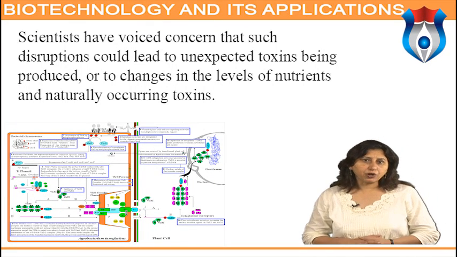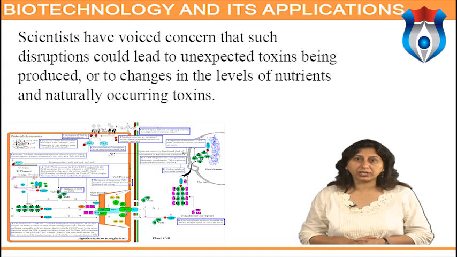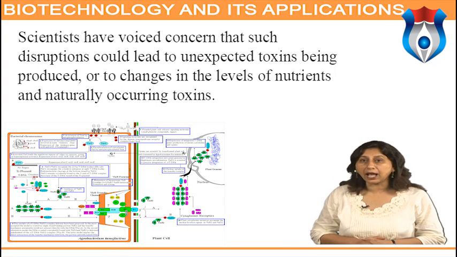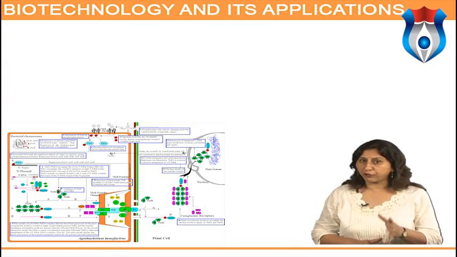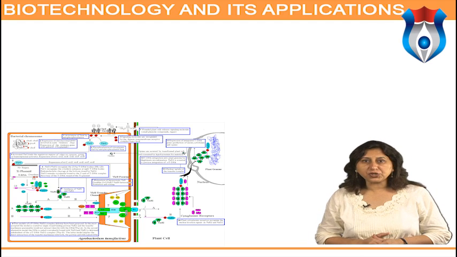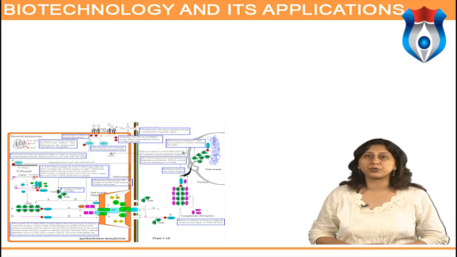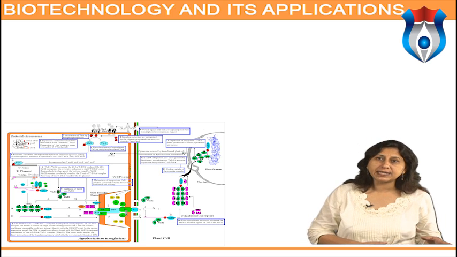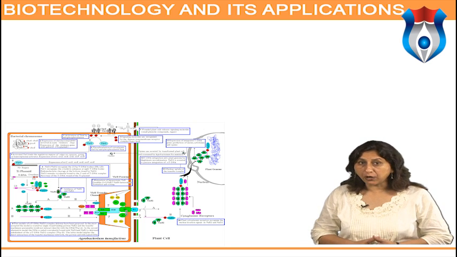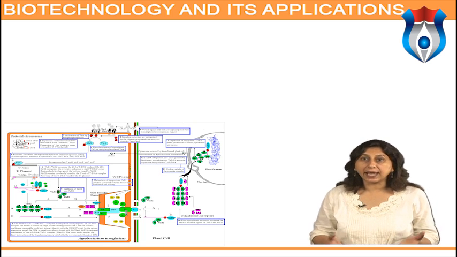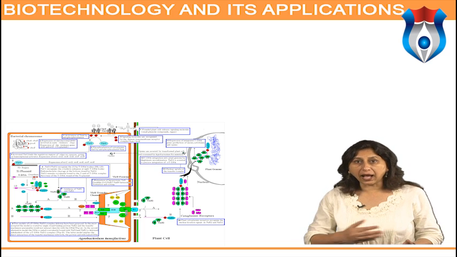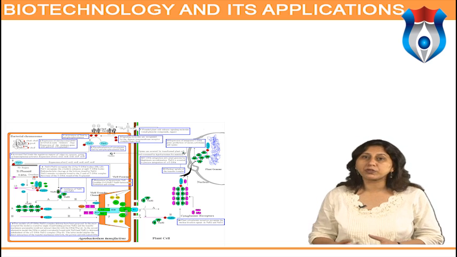There are examples of genetic modification changing plants in entirely unexpected ways. For example, when researchers in Germany tried to boost the starch content of potatoes using genes from yeast and bacteria, they found that the starch content actually fell and other unexpected compounds were produced.